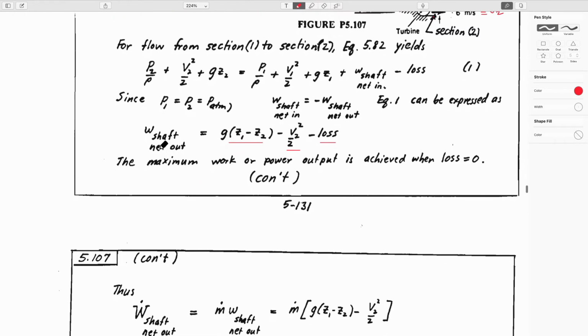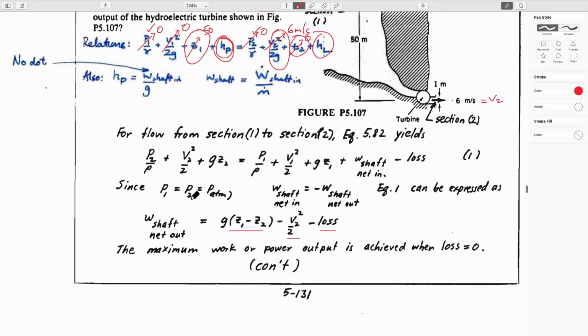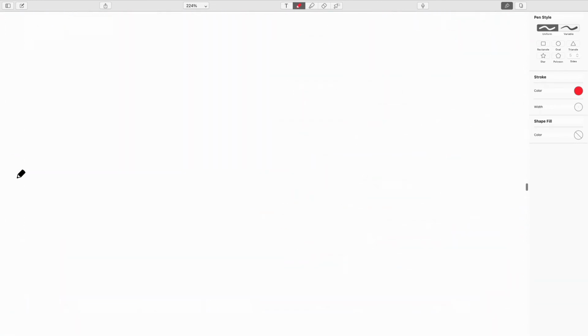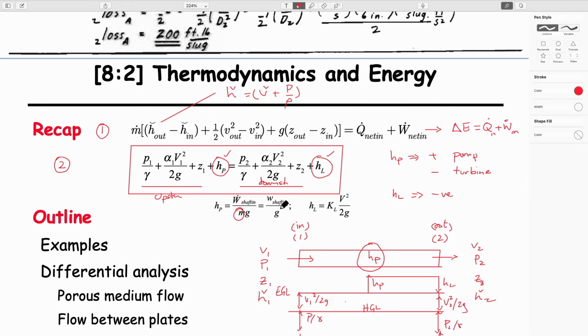And the net small w is equal to this term. I never use lowercase w, work per unit mass flow rate, but we can relate these two to each other.